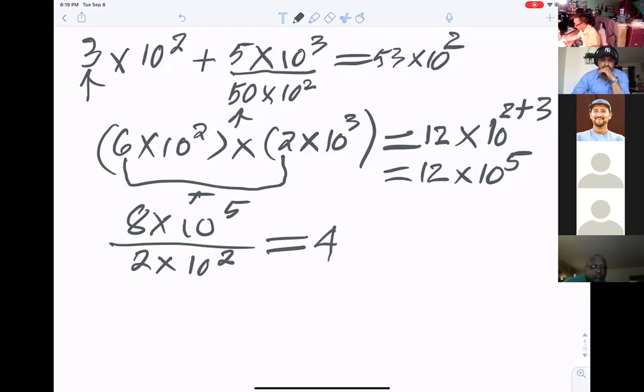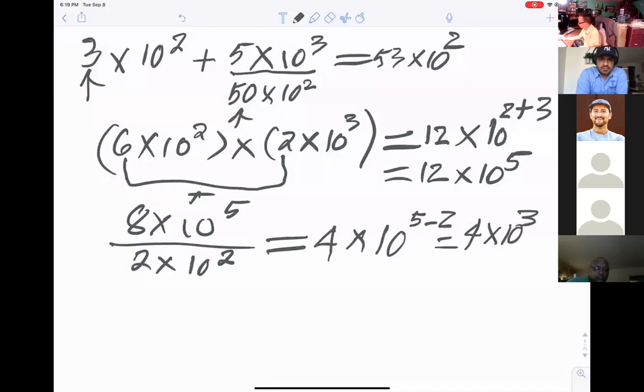You take 8 divided by 2, you get 4, and times 10 to the power of 5 minus 2. So the answer will be 4 times 10 to the power of 3. You get that? Yes, sir. Very good. So that's very, very basic, okay?